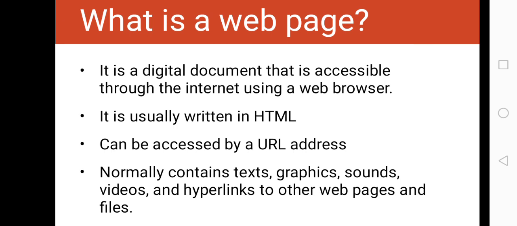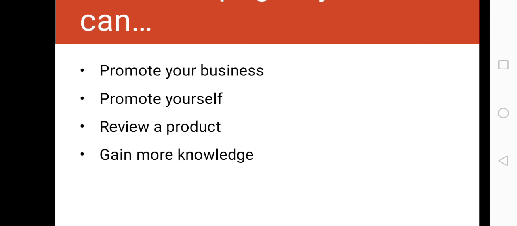It could be a site or a place that is only accessible to a web browser. It is usually written in HTML and can be accessed by URL address. A web page also normally contains text, graphics, sound, videos, and hyperlinks to other web pages and files. So that is the definition of a web page.